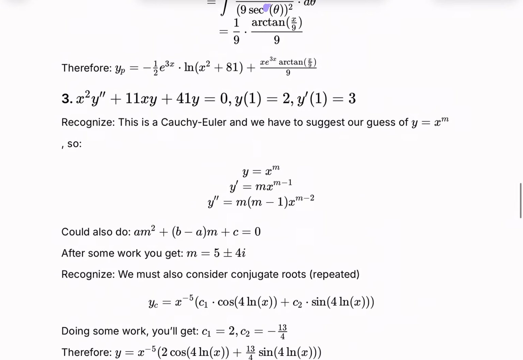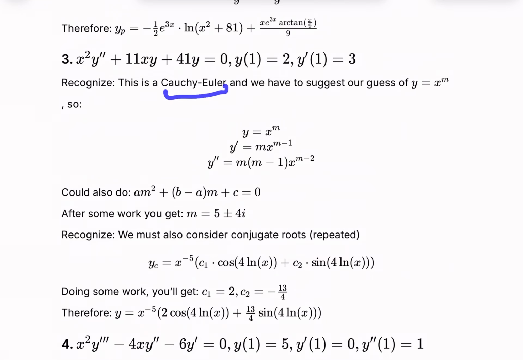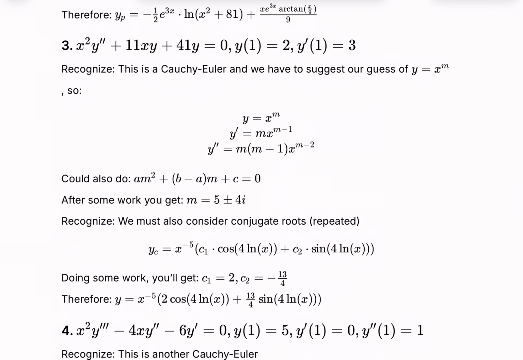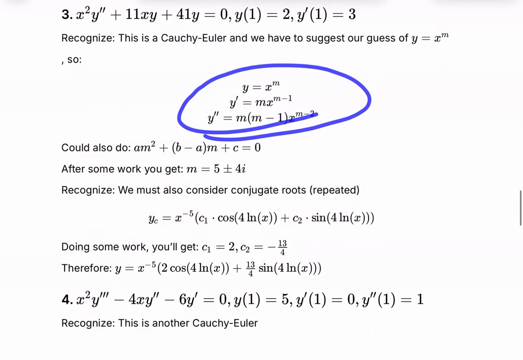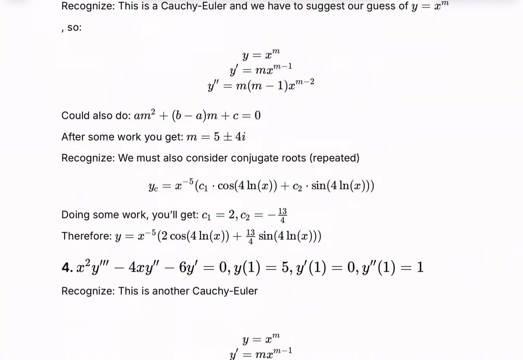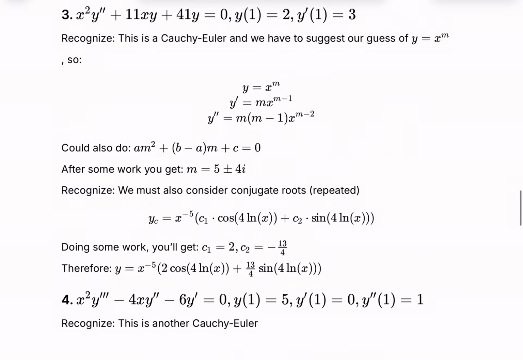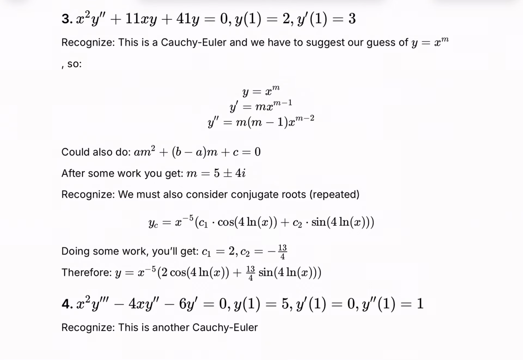On to the third one, we have a Cauchy-Euler, however you pronounce it. We're going to sub in our guess solution. Then we have a shortcut that we use. If you've gone to the lectures, you'll recognize it. Basically, if you see the initial equation in this form, you can immediately get to your m equation very fast by using this.